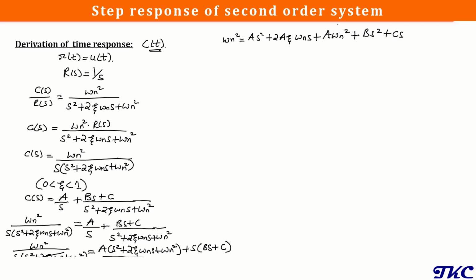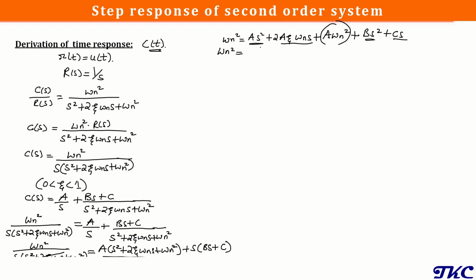Now the next thing we have to do is arrange these terms, considering the s square terms together, the s terms together and the constants together. So on the left hand side it will be as it is, omega n square, equal to, so here we have s square terms here as well as here, similarly s terms here and here, and the constant term here.